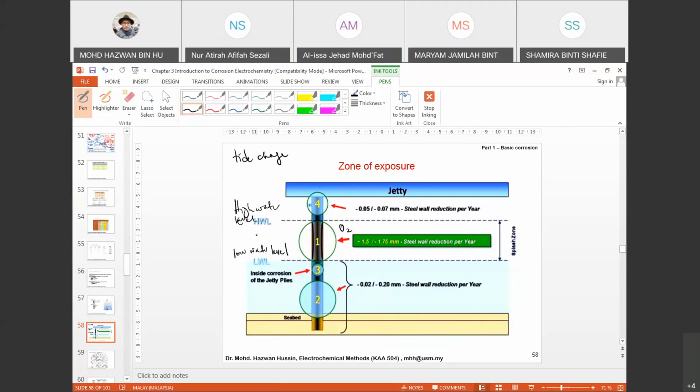At the same time, there's a wave, and wave can create a so-called erosion effect. When you have a combination of oxygen exposure in dry condition, at the same time with erosion at high tide, then this can create corrosion, especially in this area. Okay, so I hope it's understood now.